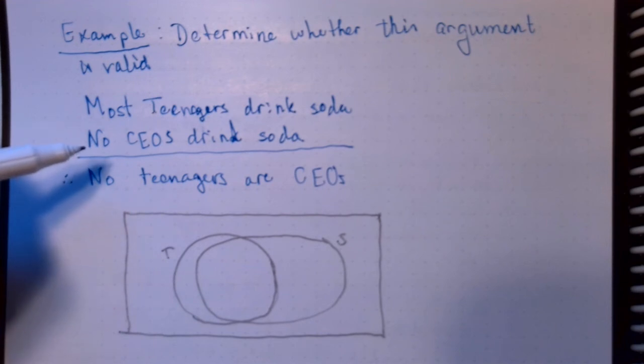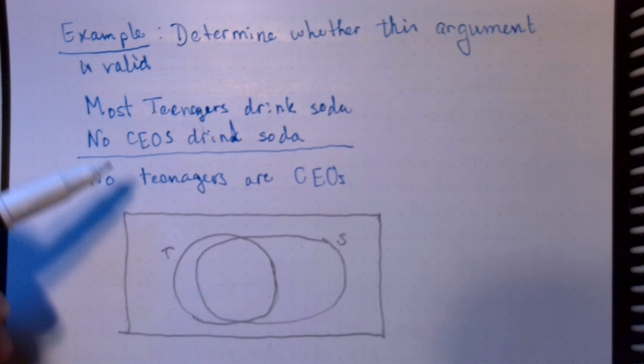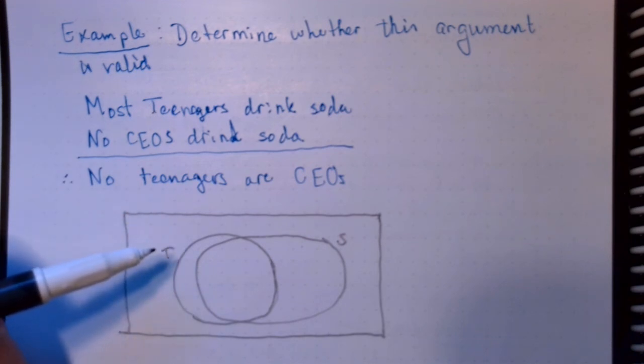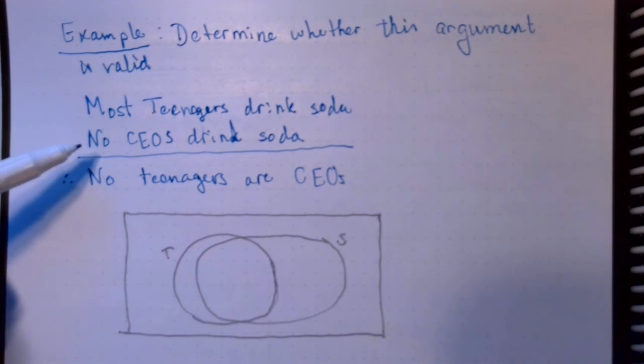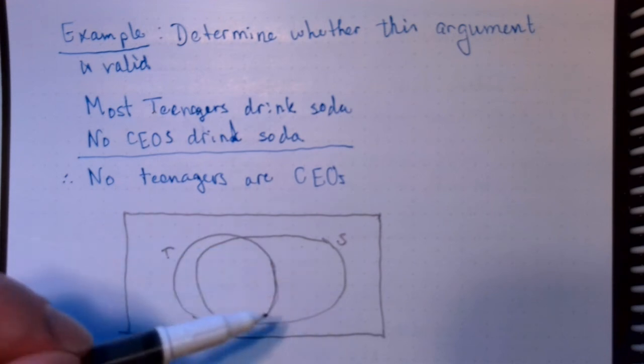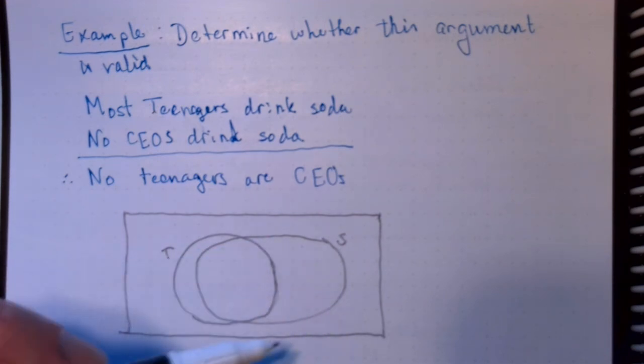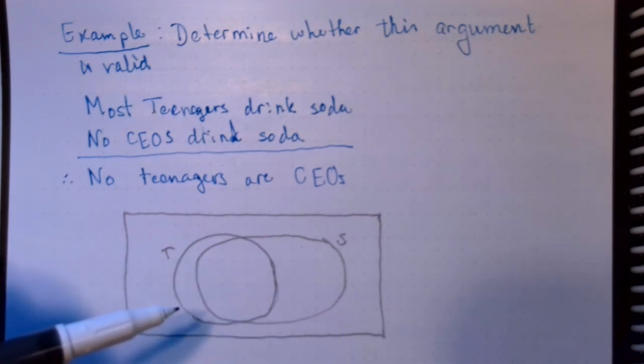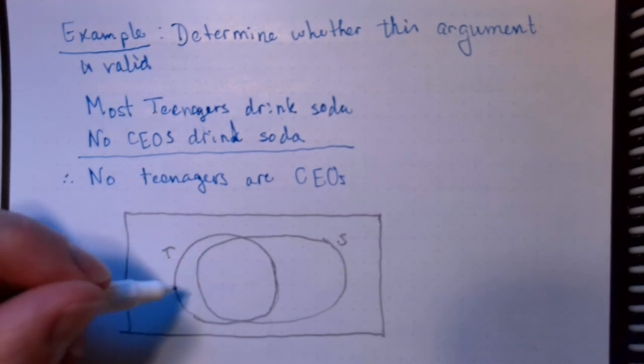Now, the second premise says no CEOs drink soda. Okay, so I'm going to need another circle representing the set of all CEOs. Now, this premise tells me the set of CEOs has to be outside the set of all soda drinkers, but it doesn't say anything about the set of teenagers.